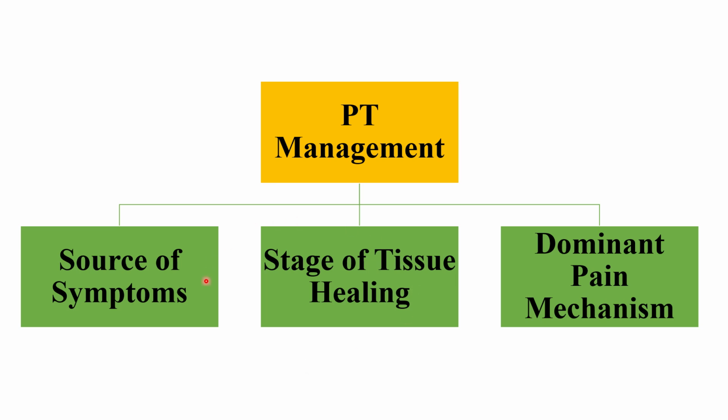We have to look at the stage of tissue healing, whether the person is in the acute, subacute, or chronic stage, because accordingly your management will vary. And finally, we have to consider the dominant pain mechanisms in that person, which help us determine the kind of PT management that the person will undergo.